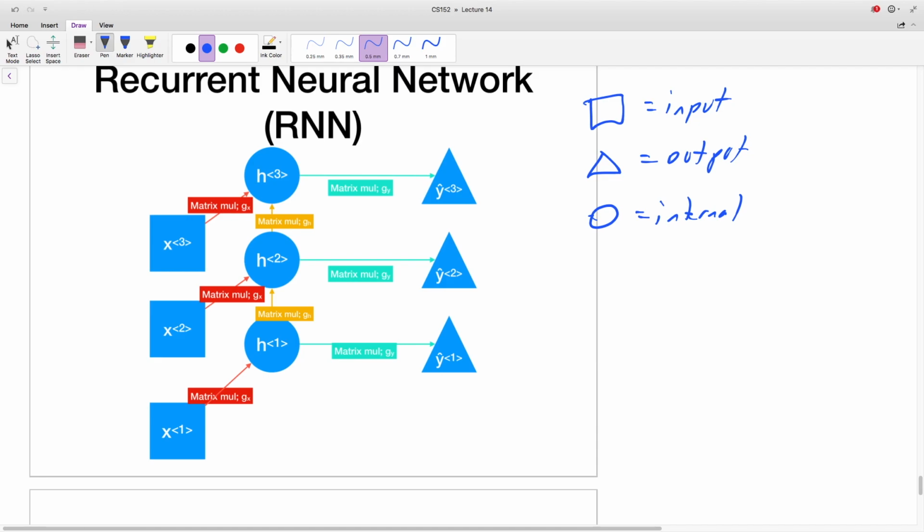So at time step 1, we're going to feed in this x1, do this calculation, and then do a matrix multiply on that hidden state and an activation function and come up with this y hat 1. So this is just our normal neural net that we saw on the previous slide, on its side. But then we're going to say, okay, this state information we're going to pass on to the next time step, going through a matrix multiply and an activation function.